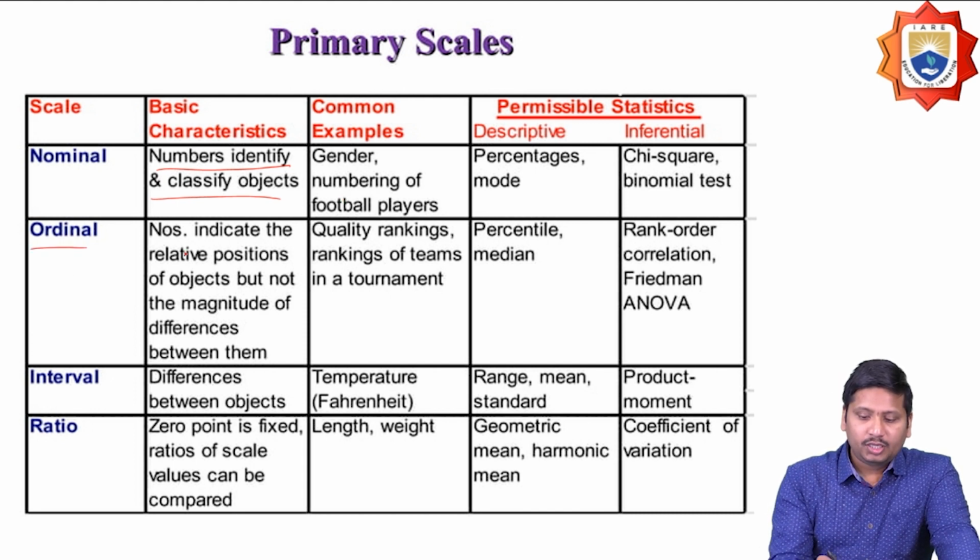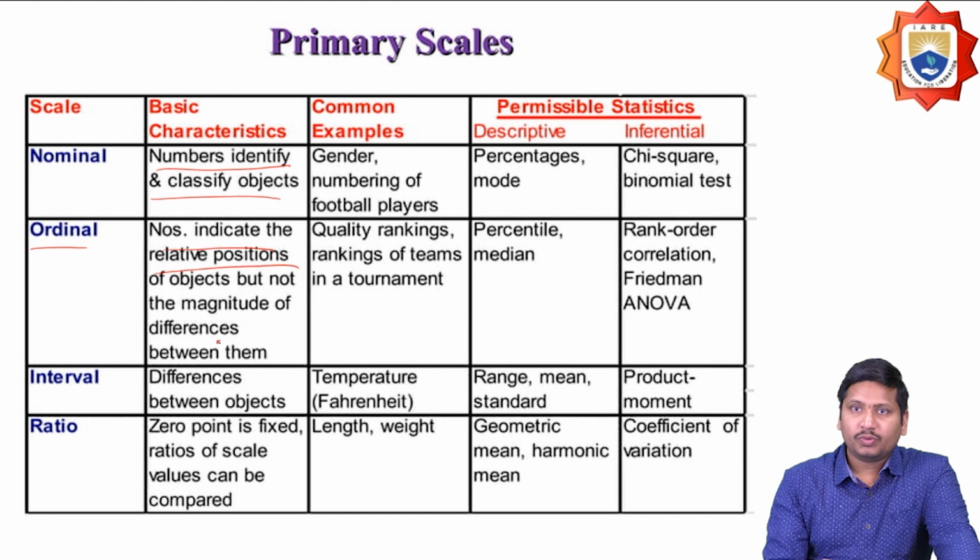Ordinal means the numbers indicate the relative position of the objects, but not the magnitude or the differences between them. Interval means the differences between the objects can be compared, and ratio scale means the 0 point is fixed and ratio values can be compared. So like this, we have different types of characteristics of scales.